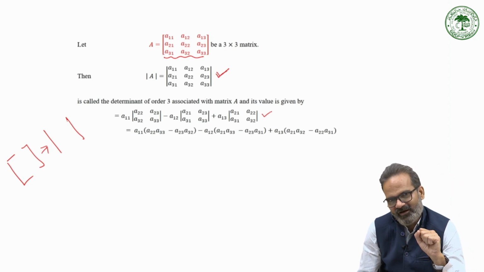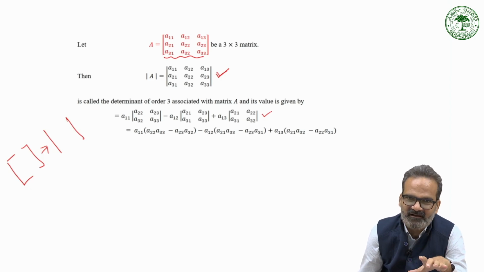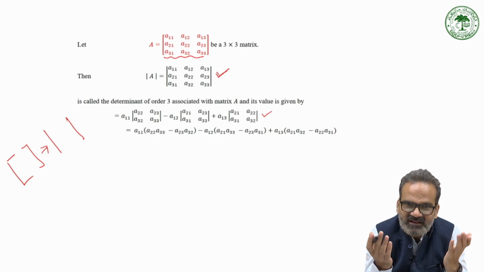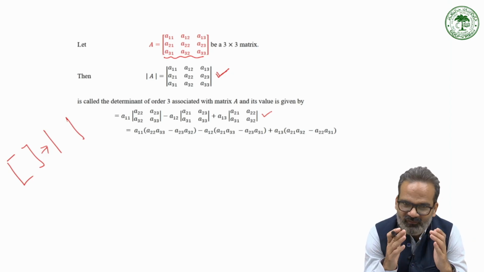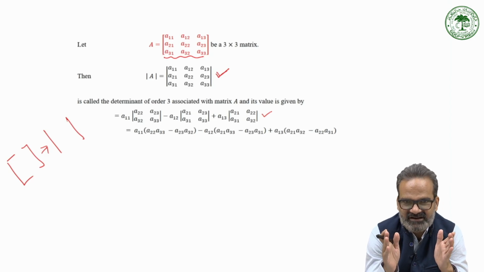So the total number of ways this determinant can be expanded is 6. Clear? In all the 6 ways, the value of the determinant will remain the same. This you should keep in your mind, right?